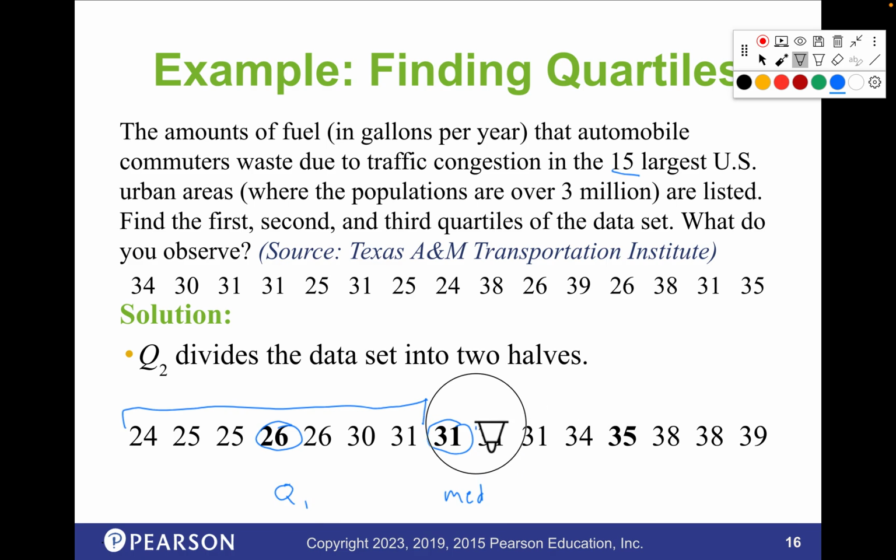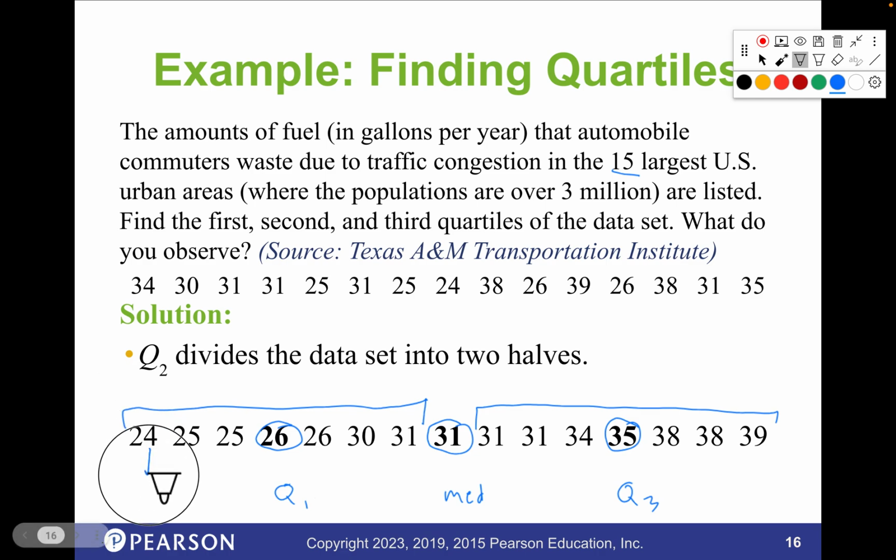On the upper part of the data, again, we're finding the middle data piece, 35, 3 below, 3 above. So that's quartile 3. And then this is what we call the 5-number summary. We've got 3 of them. What are the other 2 numbers? The minimum and the maximum.